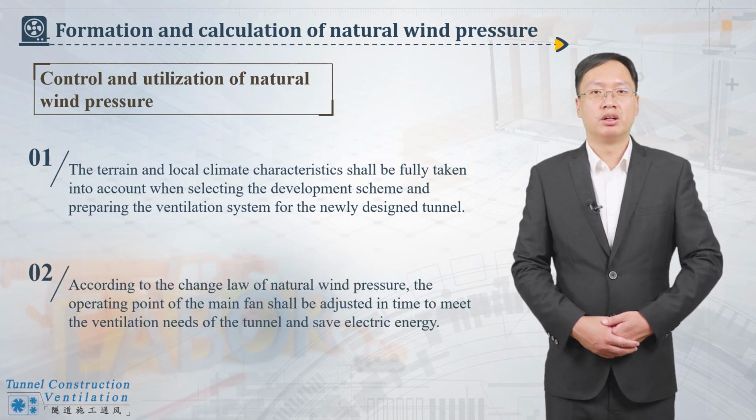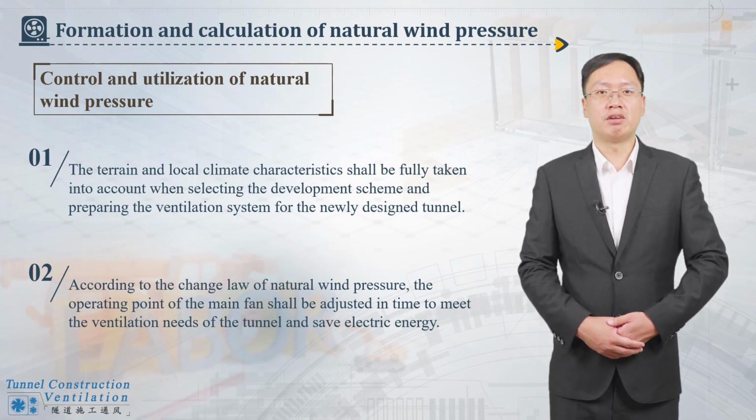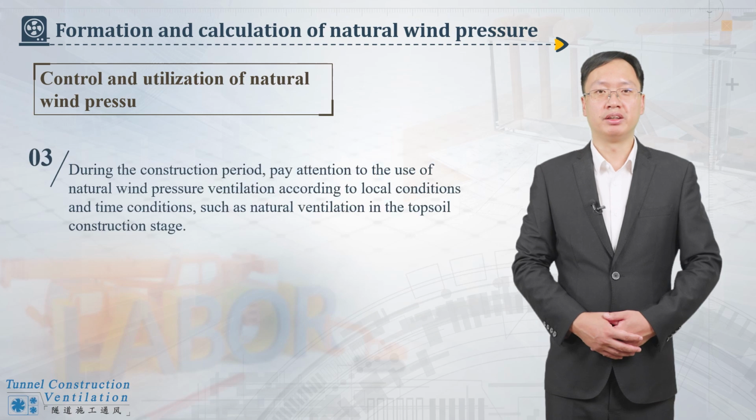2. According to the change law of natural wind pressure, the operating point of the main fan shall be adjusted in time to meet the ventilation needs of the tunnel and save electric energy. 3.